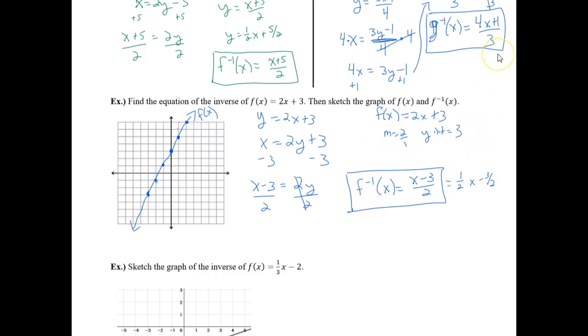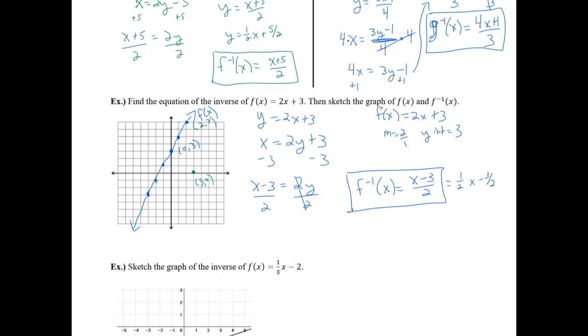For example, this point is 0, 3. In my f inverse equation, it would become 3, 0. This point here is 2, 1, 2, 3, 4, 5, 6, 7.